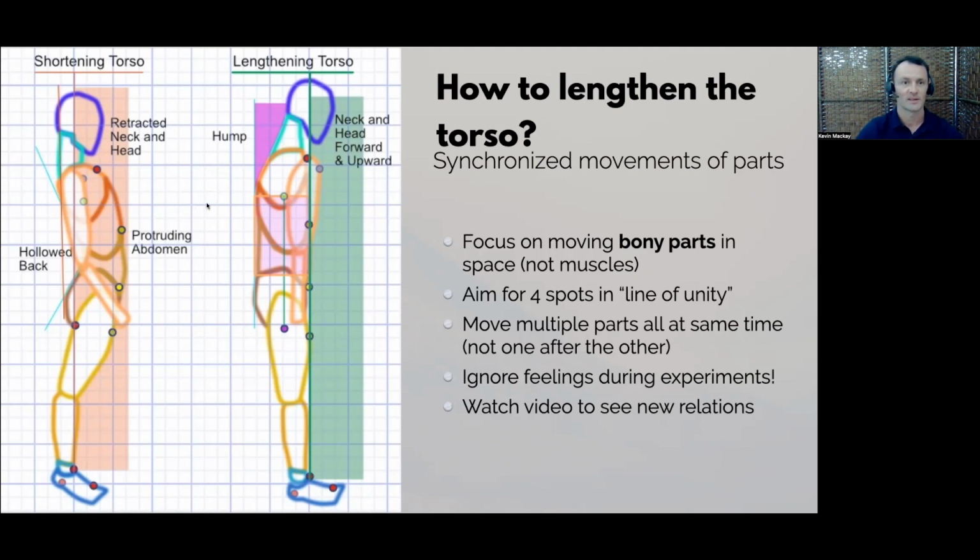So to lengthen the torso, we need to change the movements that change the shape. You'll see here, if you take this spot at the front, this is rib 8. You'll see on the left, it's further forward than on the right. So we know that that needs to come back. And you'll see that the pelvis point here is very far forward on the left.